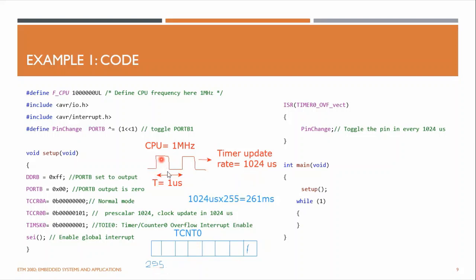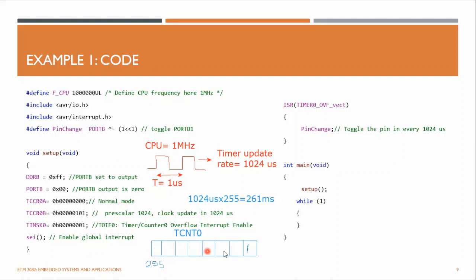For the first 1024 microseconds, TCNT0 will be updated to 1. If another 1024 microseconds pass, it will be updated to 2. Likewise, it will take 255 times to complete this process, and once the TCNT0 value becomes 255, an interrupt will be generated.